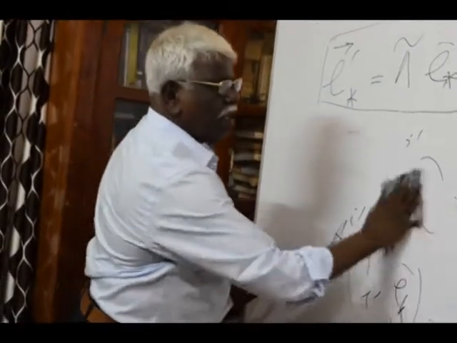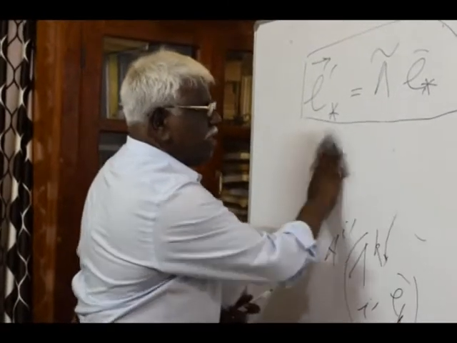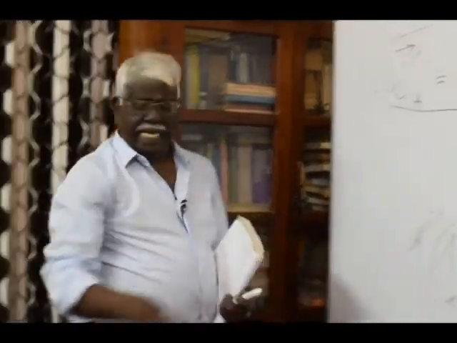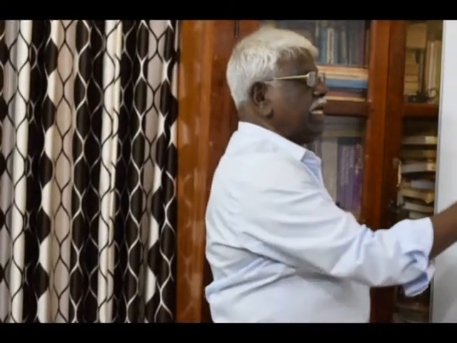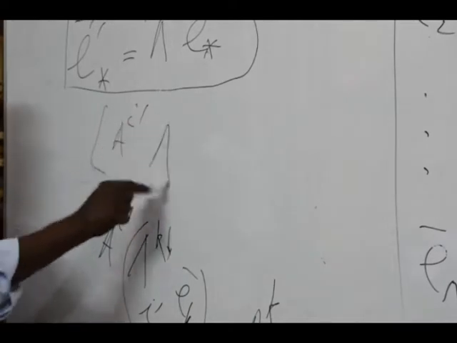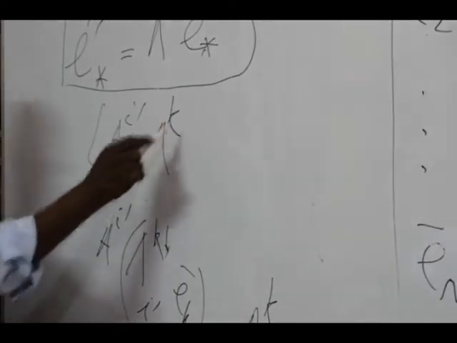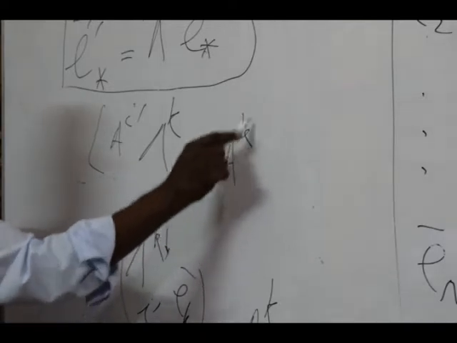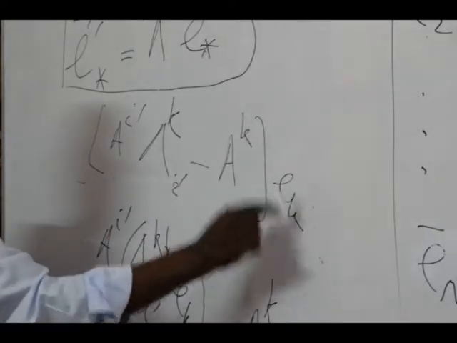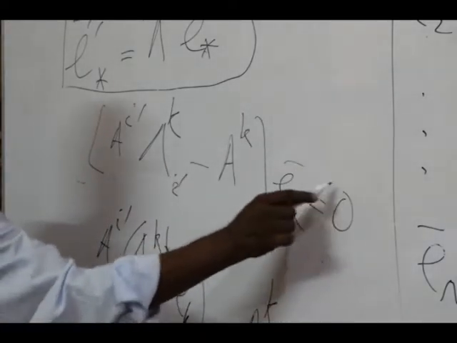So this is the 0 vector. Then I take ek outside on the right hand side and write (ai' minus lambda k i' ak) times ek equals 0 vector.